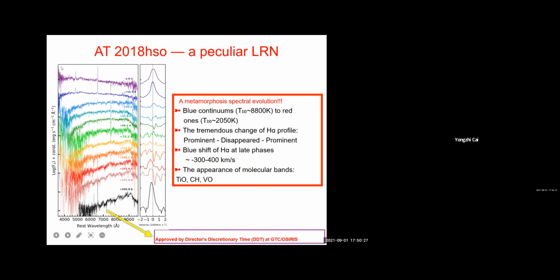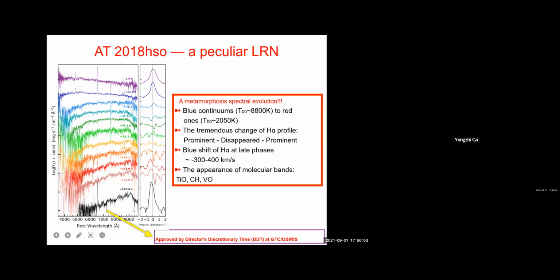This picture shows the spectral evolution. At early times, we can find a blue continuum with a blackbody temperature around 10,000 Kelvin. Then it evolves to very red, with a temperature of about 2000 Kelvin. We can find a tremendous change of the H-alpha profile, from prominent, then disappeared, then prominent again.